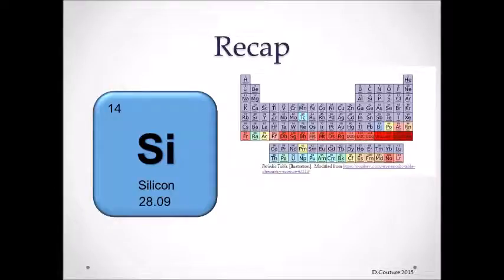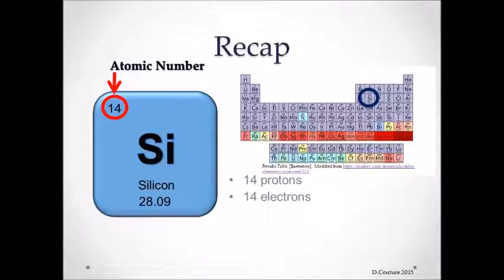To recap all of this mini lesson, we're going to choose a different element completely. We're going to choose silicon. So first thing we have to do, we have to find it in the periodic table. Now, if we take a look at the information box given to us, we will find the atomic number, and this automatically means that I should have 14 protons, 14 electrons.